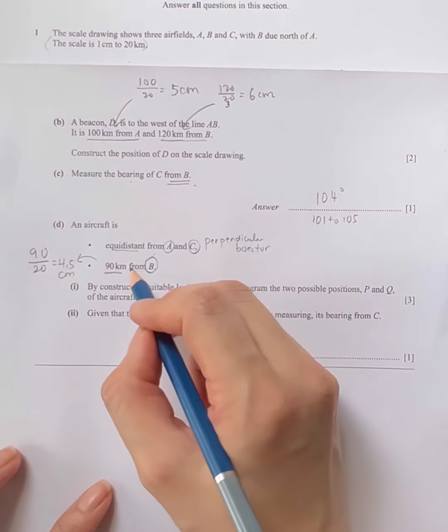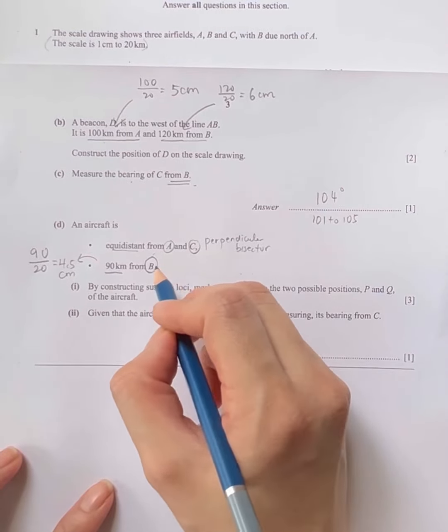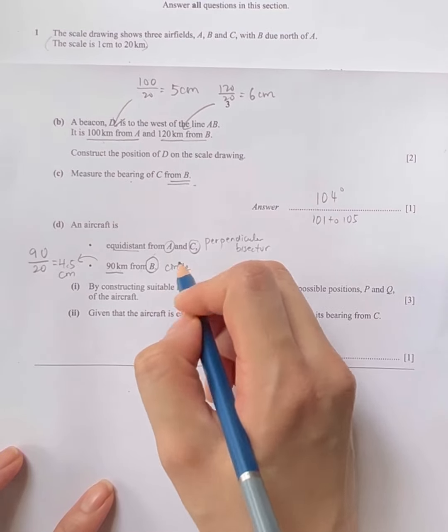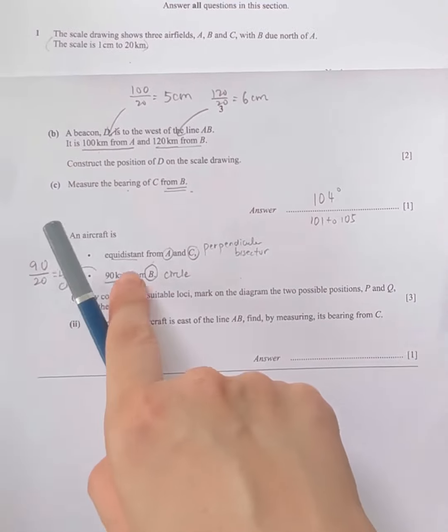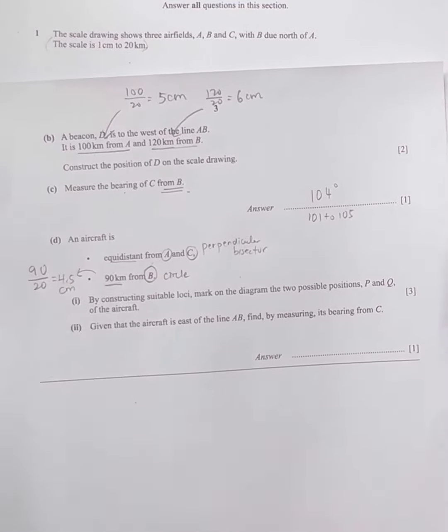Okay, so here, if you are given 1 point like this, it means that you're going to draw a circle. This is first loci, first one. So 4.5 centimeter from B, so your radius is 4.5 centimeter.